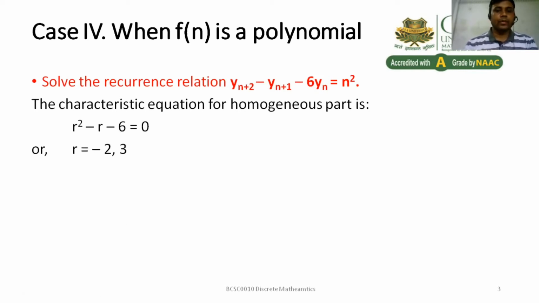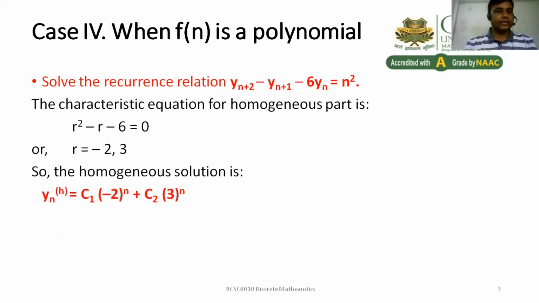The corresponding roots will be minus 2 and 3. These are two distinct and real roots of this recurrence relation. Therefore, the homogeneous solution, denoted as y n h, where h stands for homogeneous solution, will be C1 times minus 2 raised to power n plus C2 times 3 raised to power n, where C1 and C2 are constants.